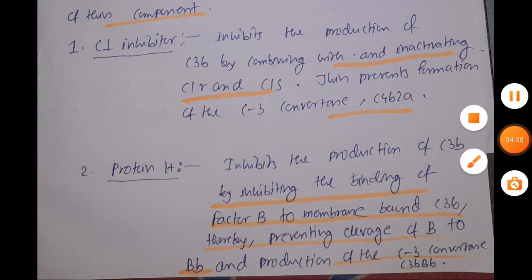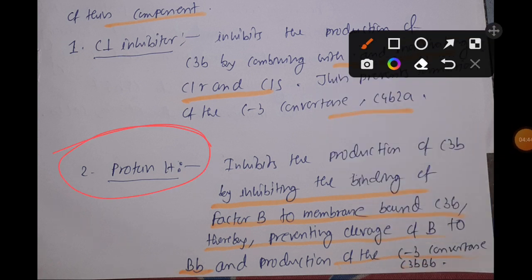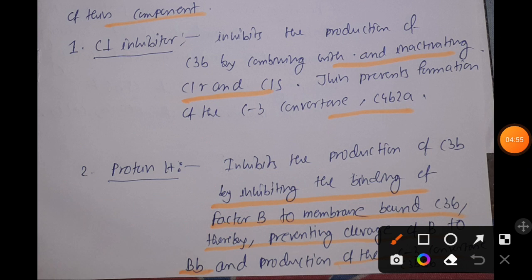Now let's talk about another regulatory protein, that is factor H. This factor H works specially in the case of the alternative pathway, remember it. In the alternative pathway, I told you that the first step is the spontaneous hydrolysis of C3 and the formation of C3b, and this C3b is membrane bound. Here factor H is going to prevent the binding of factor B to this C3b.